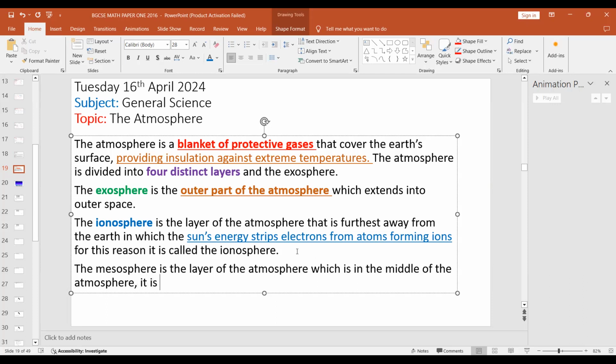It is the coldest, and it contains the ozone.